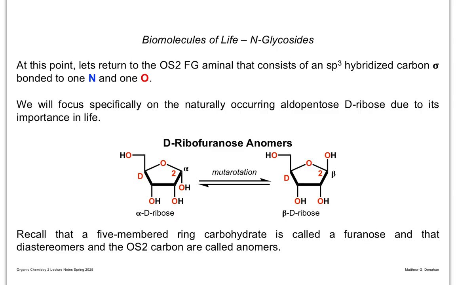RNA stands for ribonucleic acid, and the ribo comes from ribose. We saw that in the carbohydrate section of the lectures here. Ribose is an aldopentose, and we're using the natural sugar, so it's the D configuration.